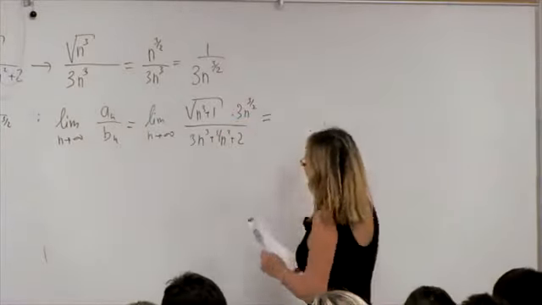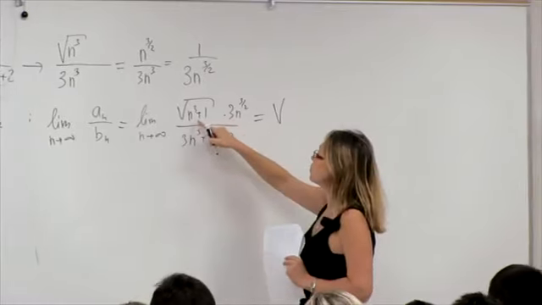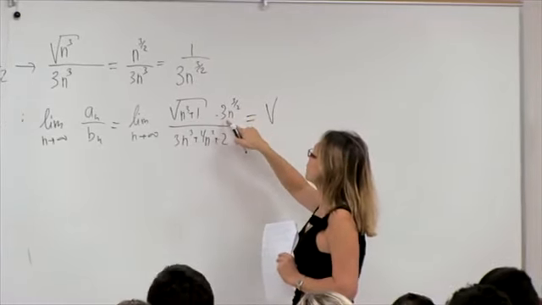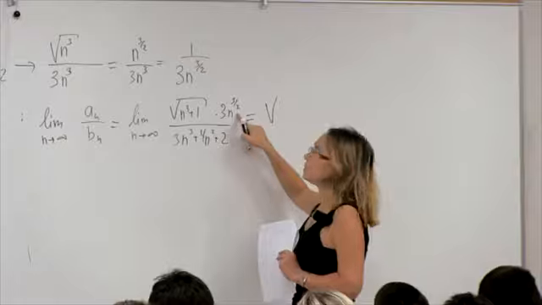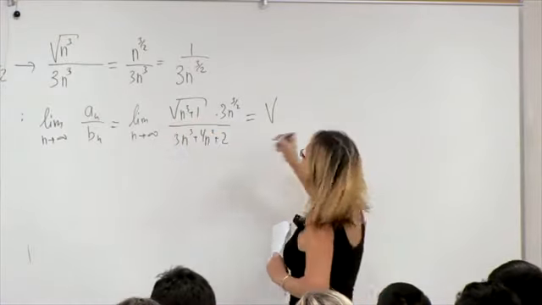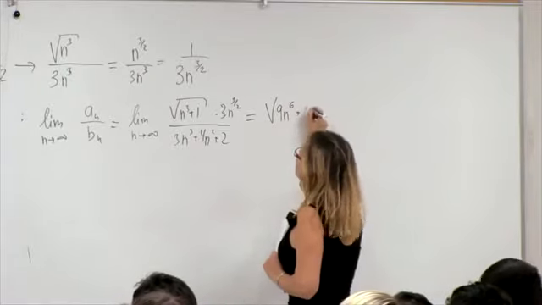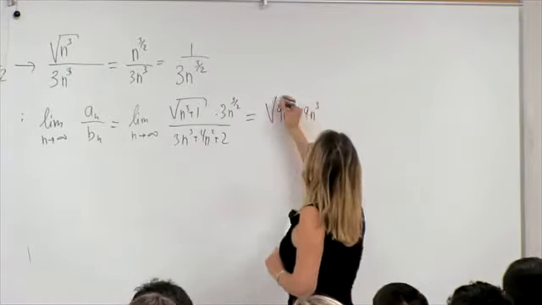When it makes its way into the square root, it gets squared, so I have 9n cubed multiplying each term under the square root: 9n to the 6 plus 9n cubed.